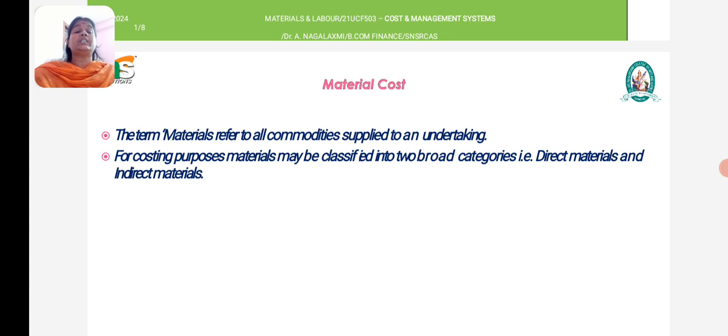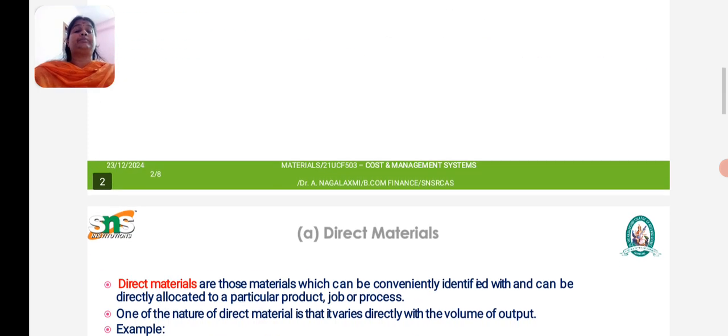For costing purposes, material may be classified into two broad categories. As we already saw in the last session, material is categorized into direct material and indirect material.